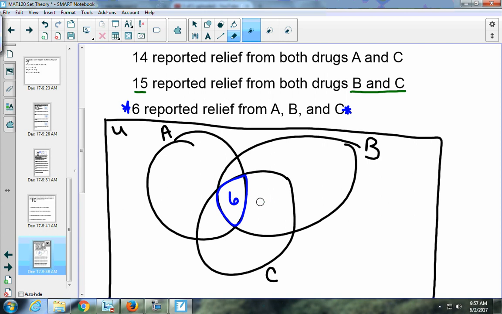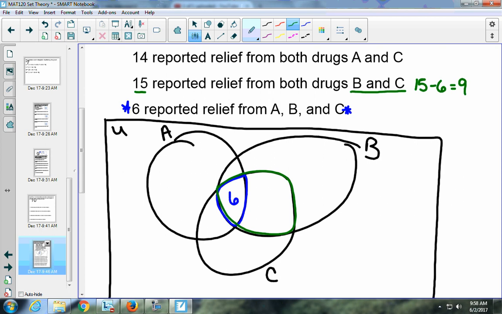That overlap between B and C, remember, represents everything in both B and C. So that 15 includes the 6 people that reported relief from A, B, and C. What we need to do is take that 15 and subtract the 6 people that are already in that overlap between B and C. That leaves us with 9.